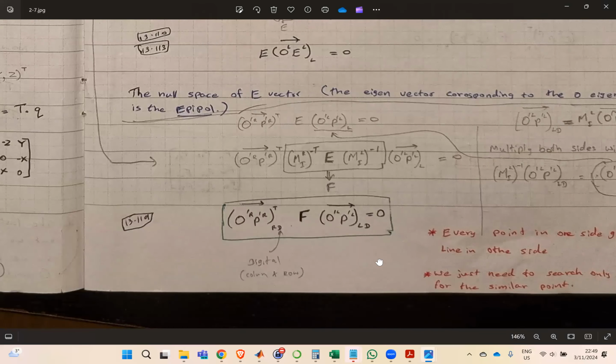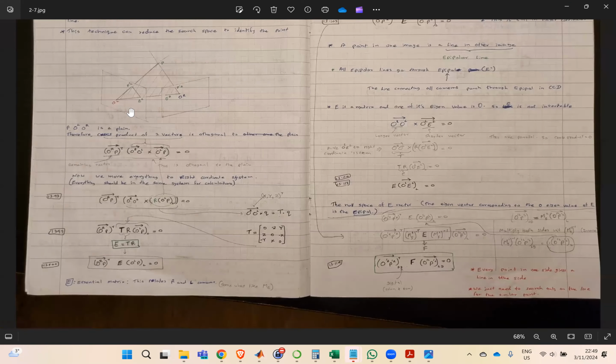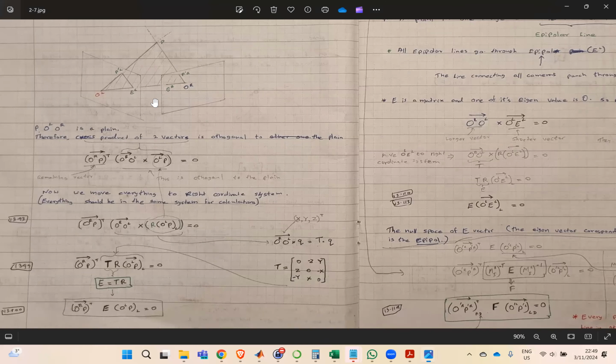Yes. Okay, these steps are used for converting the camera coordinates to the image. Not exactly. This is the same thing: we made a relation between left and right camera.